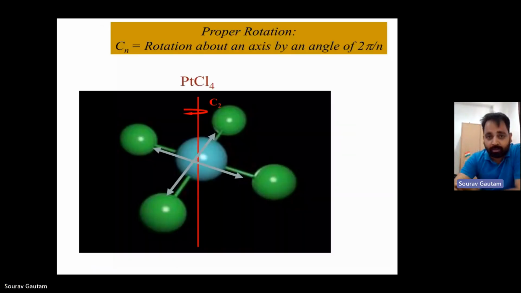Cn is a rotation about an axis by an angle of 2π/n.